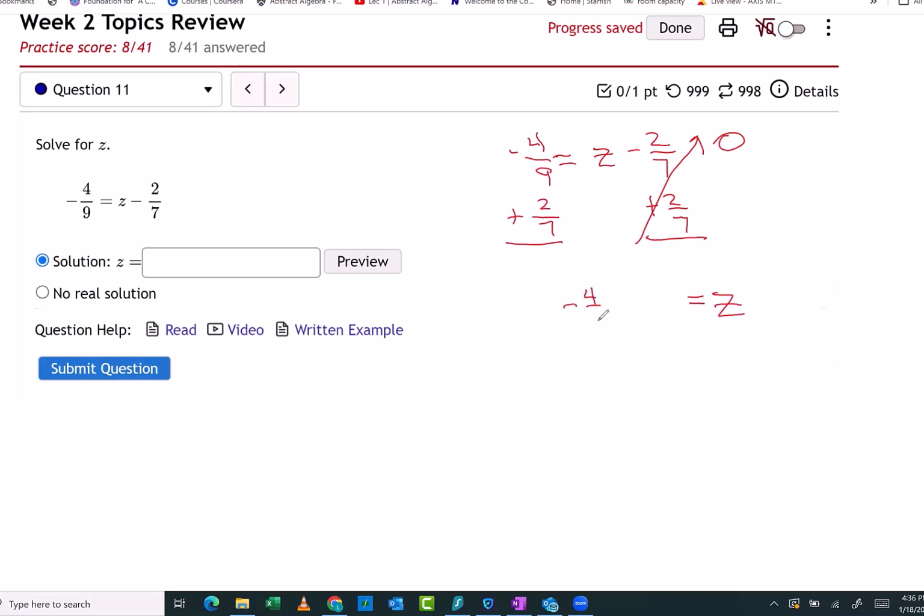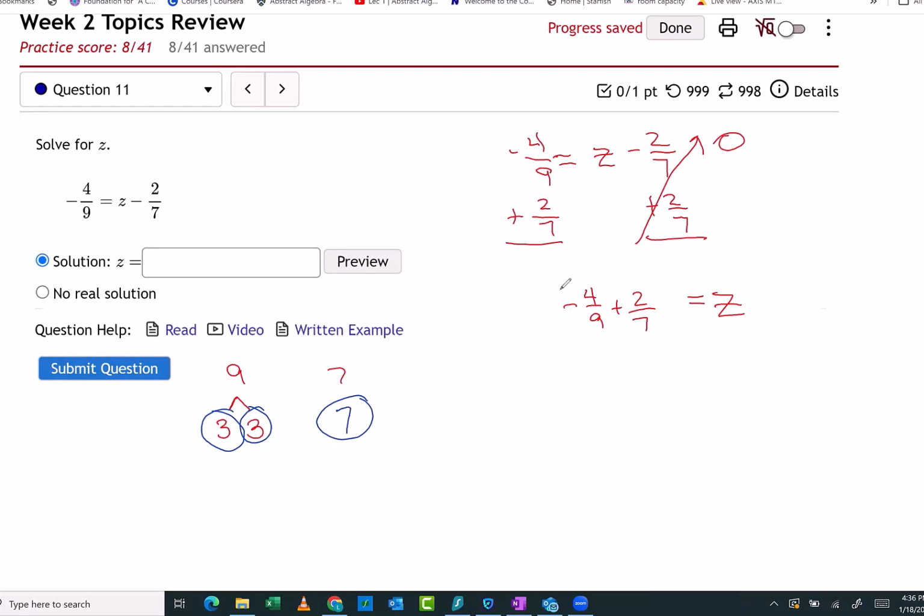negative 4/9 plus 2/7. If you watch the video on finding the least common multiple, I can see that if I do a factor tree, 9 is 3 times 3, and 7 is just 7. If there's nothing in common between those two, which there's not, this has two 3s and this just has a 7, I just multiply them times each other.